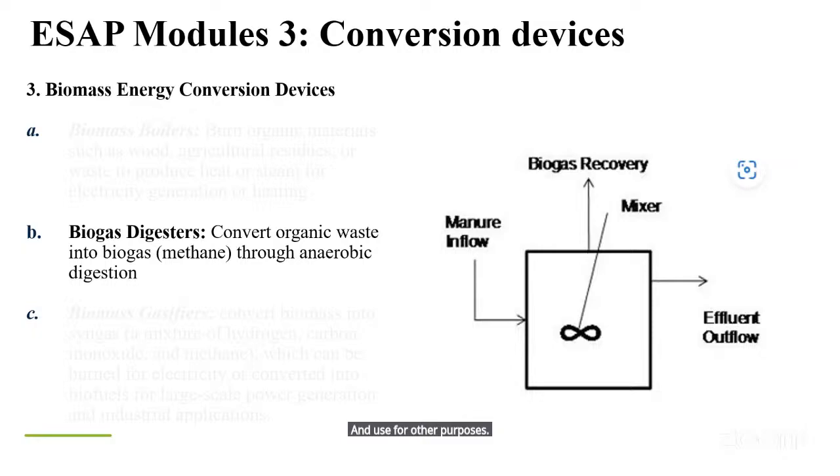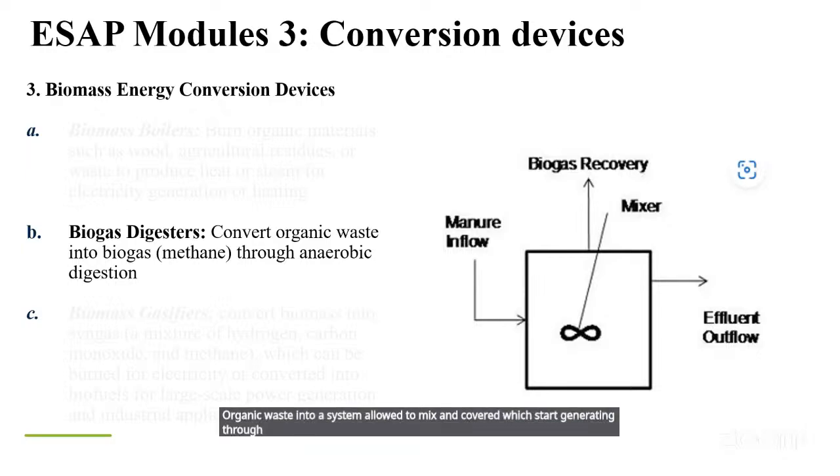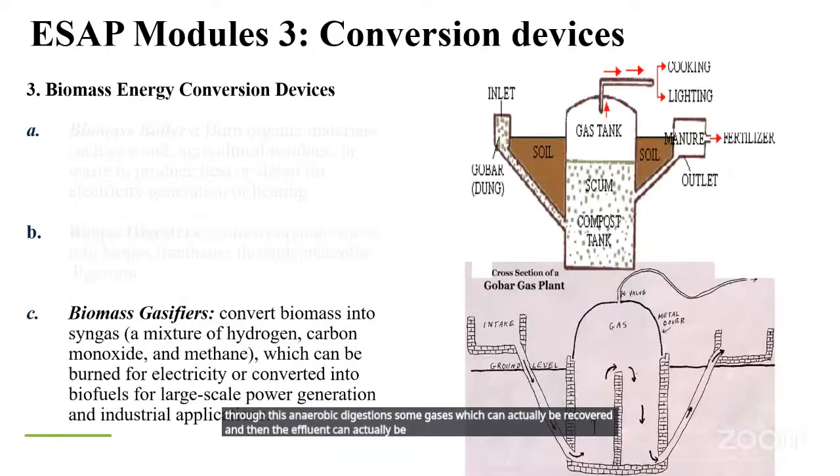Basically, you have an influx of this organic waste into a system allowed to mix and covered, which starts generating, through this anaerobic digestion, some gases which can be recovered. And then the effluent can be used for other things.